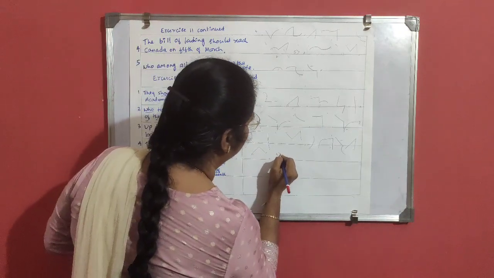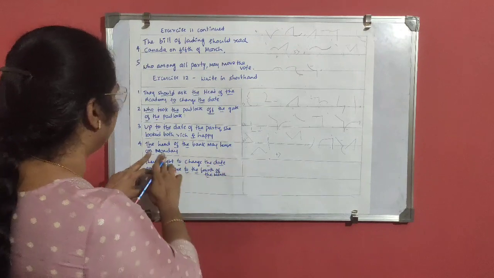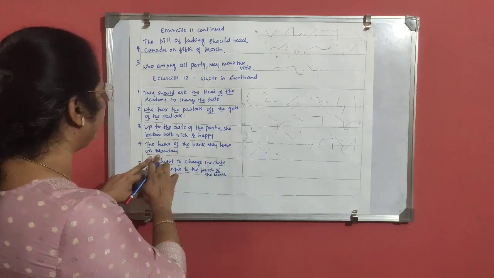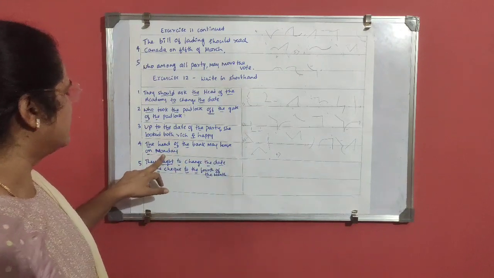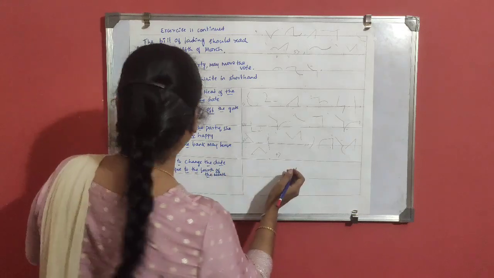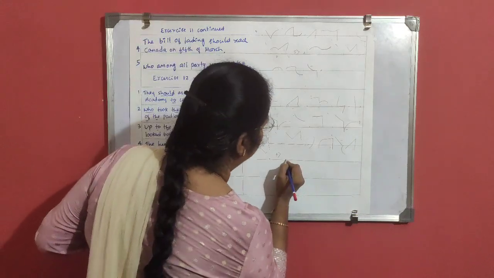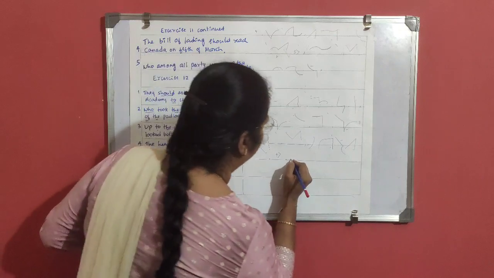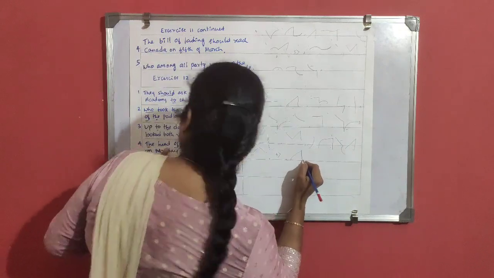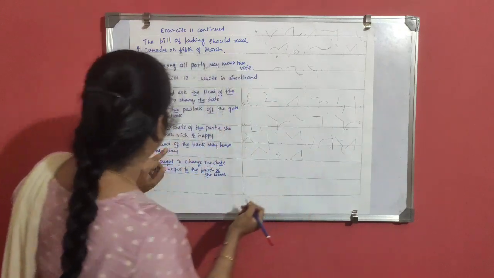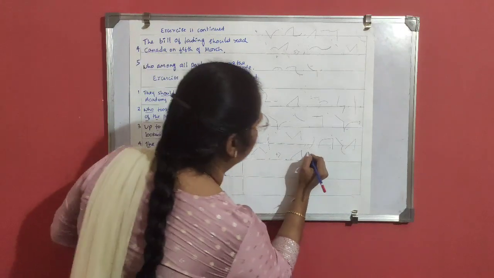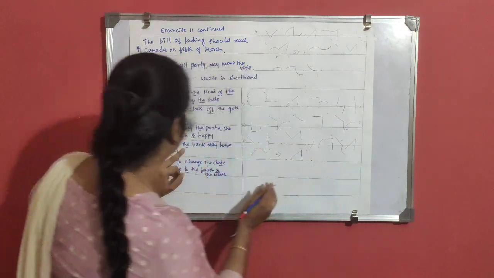Then the fourth, I'll start from here since there is no place. The head of the bank may leave on Monday. Here Monday is capital. The head, H, D, head, then A vowel. Of, grammalogue. The, grammalogue.